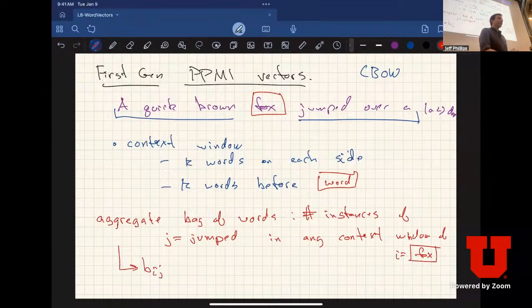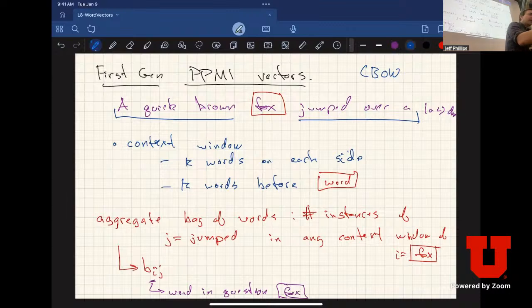So this I is the word in question, for example fox, and then the J is going to be a possible word in its context, so jumped.